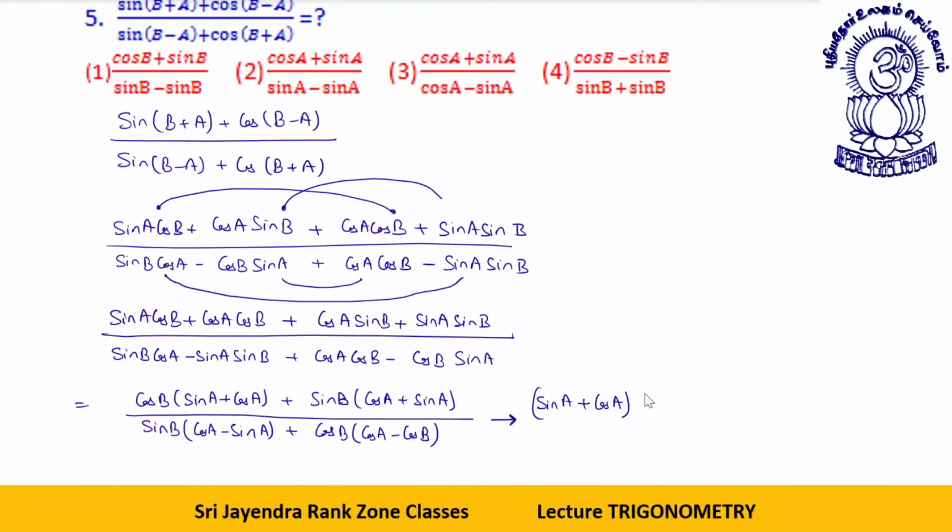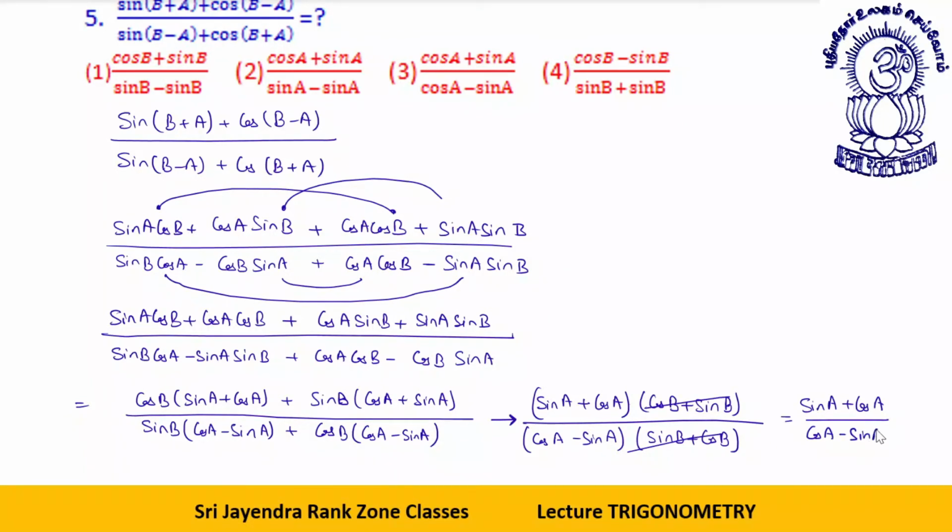If I take sin A plus cos A, I will get cos B plus sin B. And from here, if I take cos A minus sin A common, I will get sin B plus cos B. This sin B plus cos B will cancel to give you sin A plus cos A divided by cos A minus sin A. This is your answer: sin A plus cos A divided by cos A minus sin A.